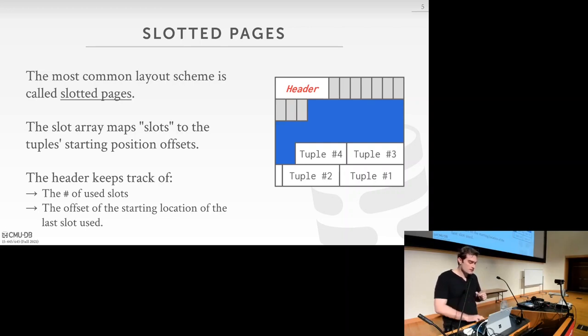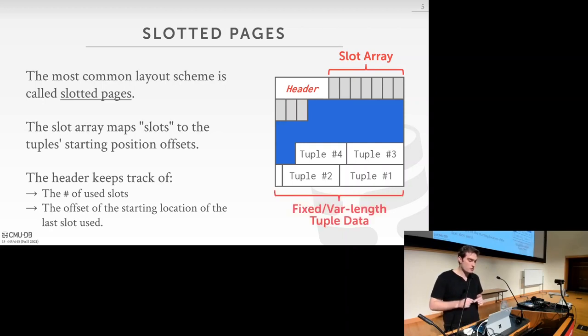So you have the slot array along the top, which is going to handle the offsets of the tuples, and then we have fixed and variable length tuples along the bottom that the slot arrays are going to point to. So we have pointers in these slot arrays, and that allows us to fill up pages with variable size tuples. We don't have to worry about finding the location of individual tuples inside a page.